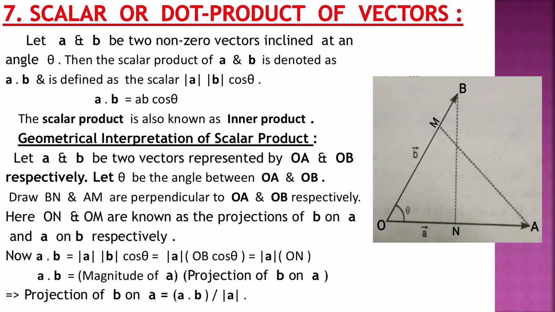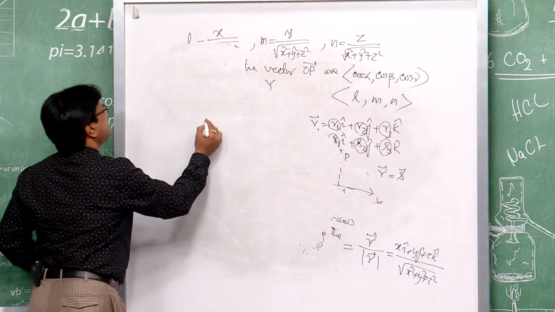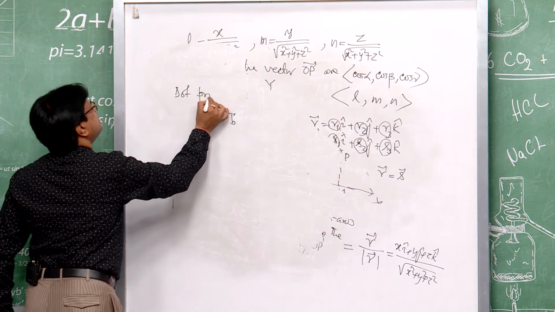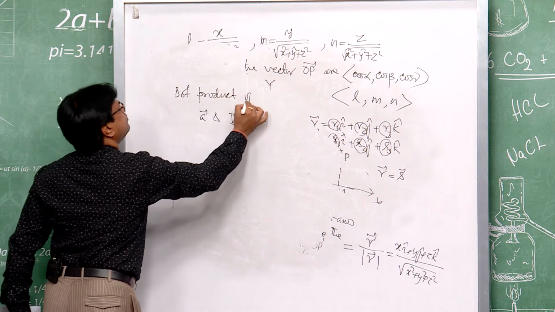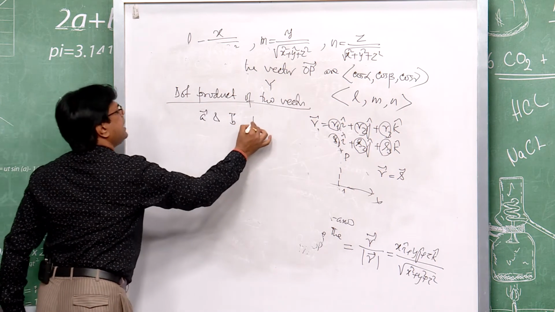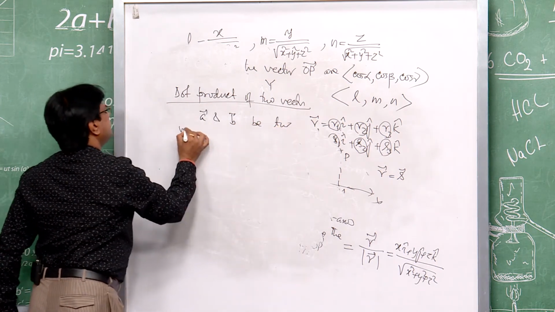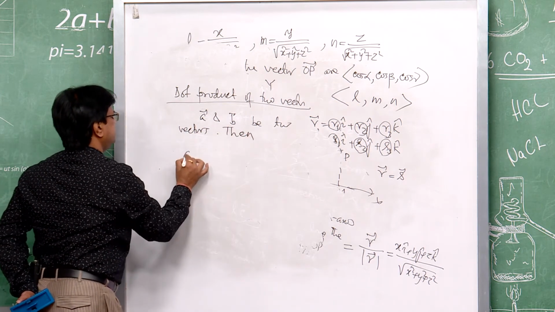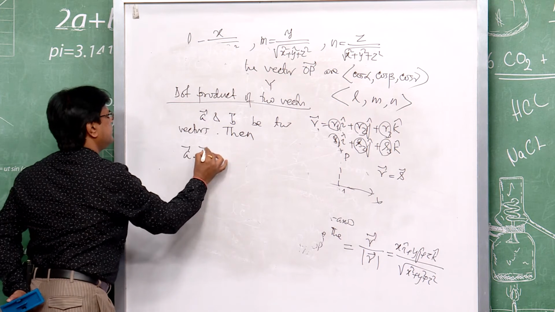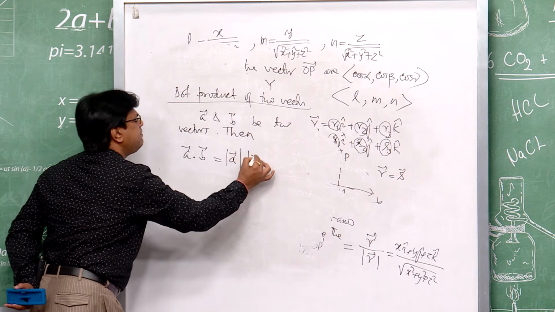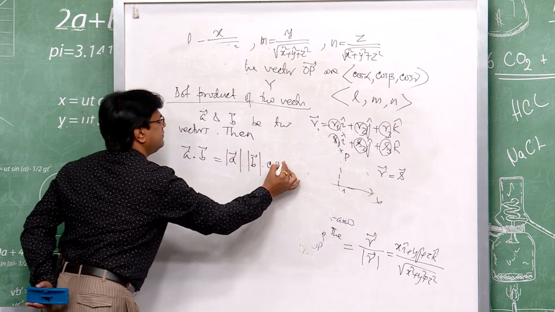Then come to the scalar or dot product of two vectors. If A and B are two vectors, then A dot B, this is your dot product. A dot B is equal to magnitude of A and magnitude of B into cos theta.